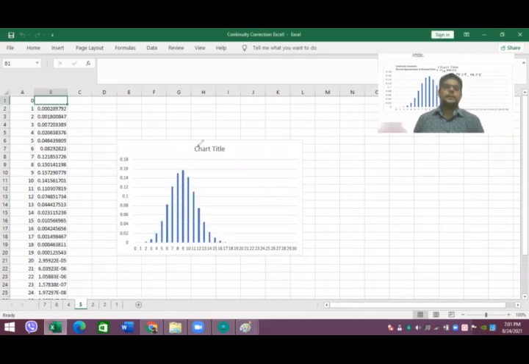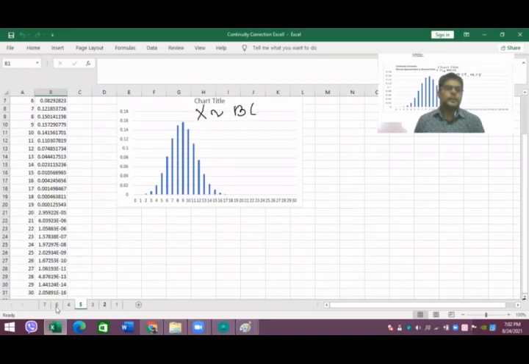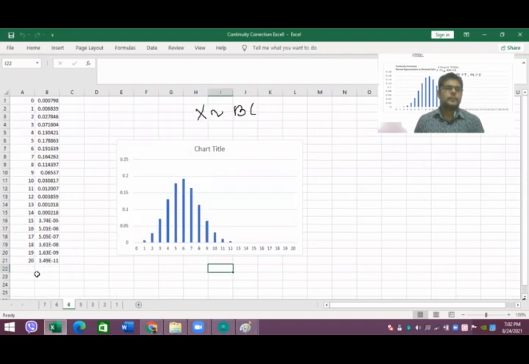So here you can see this is the bar graph for x follows binomial distribution with parametric value. Here in this case, we are taking 30, and also let's see for 20 now.